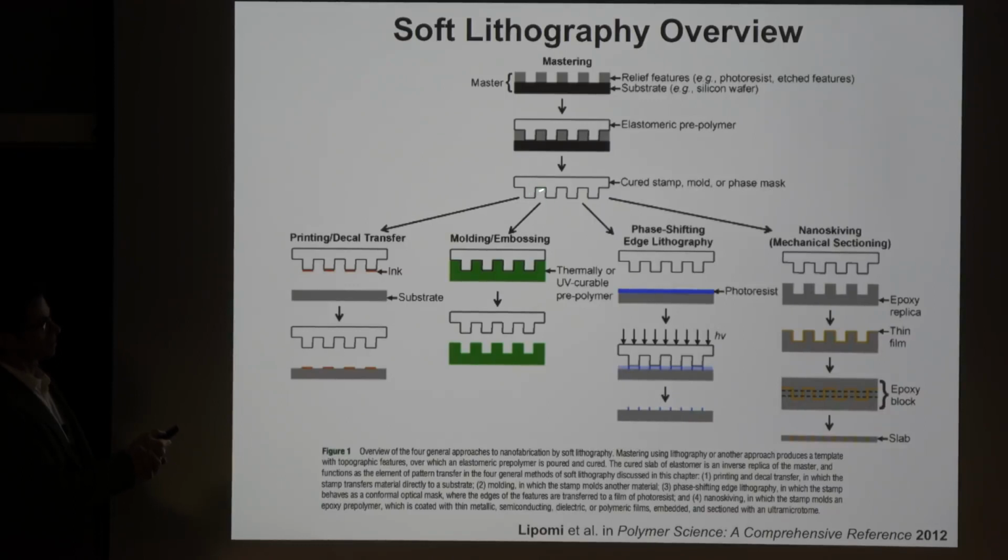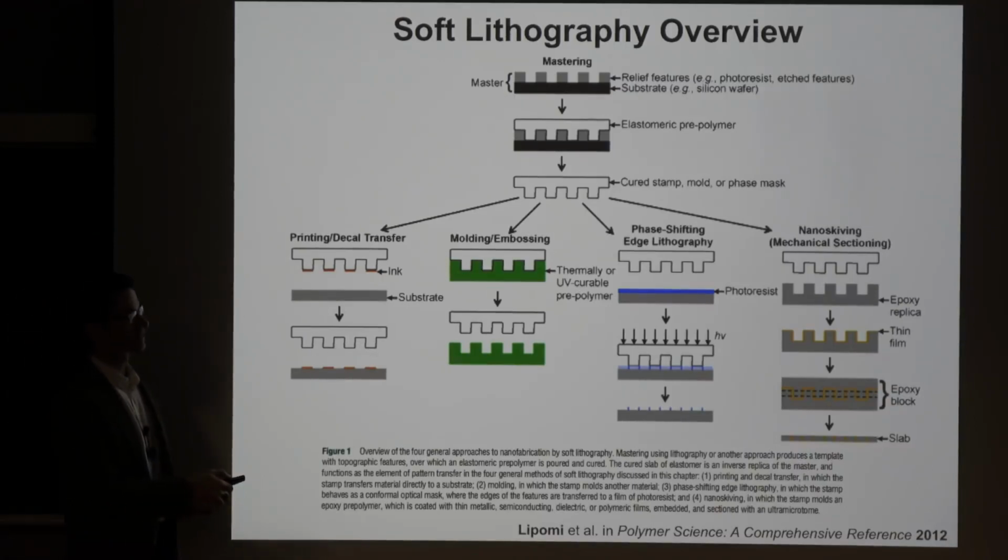So these features, while I've drawn them here macroscopically, could be as small as 10 nanometers. You can ink the stamp using a nanoparticle ink or conductive polymer ink, or maybe even decals like metallic films. You can take them to a substrate and just do simple printing. You can do molding and embossing using, say, a thermally or UV curable prepolymer.